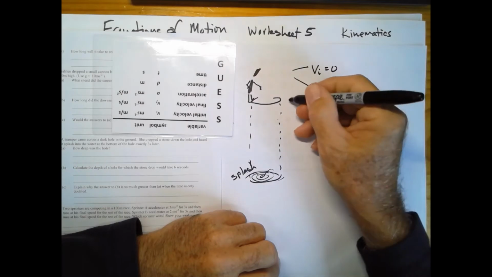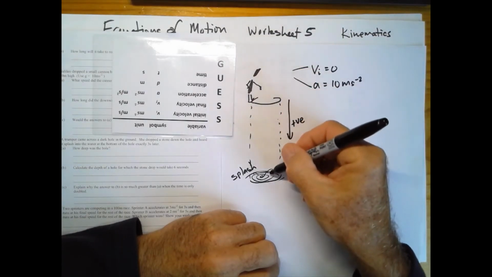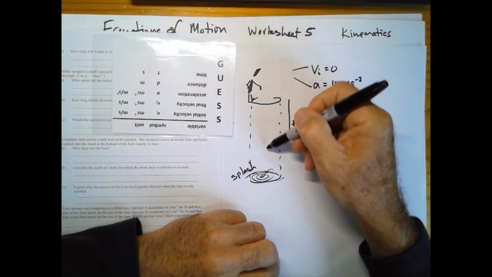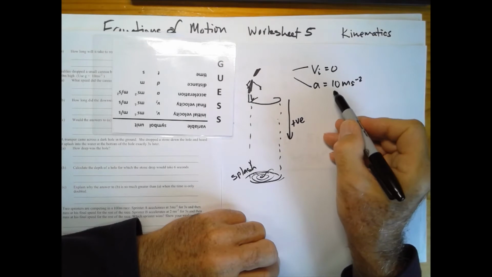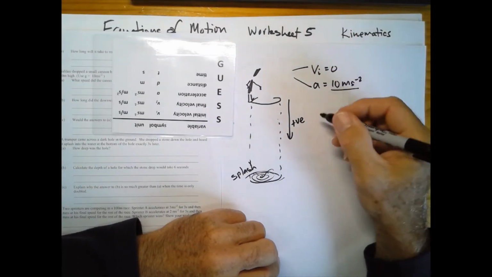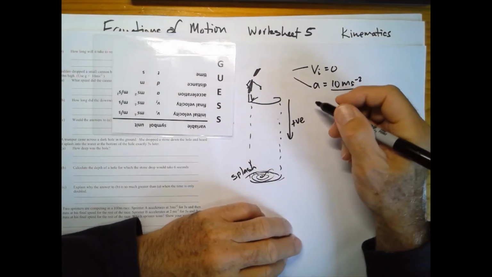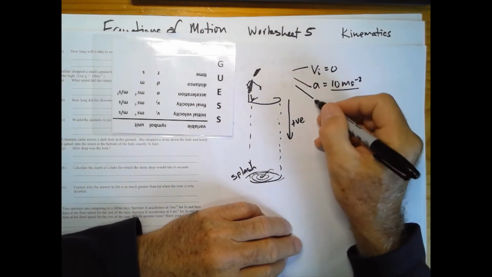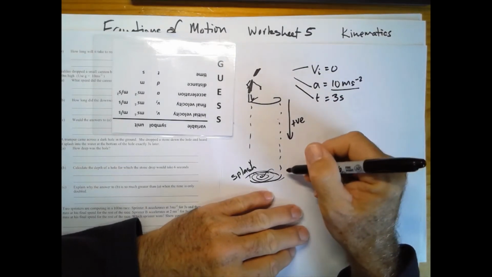So distances this way will be positive, velocities this way will be positive, and acceleration this way will be positive. And acceleration due to gravity is going to be about 10 meters per second squared. And we're given that it took 3 seconds to hit the water and splash.